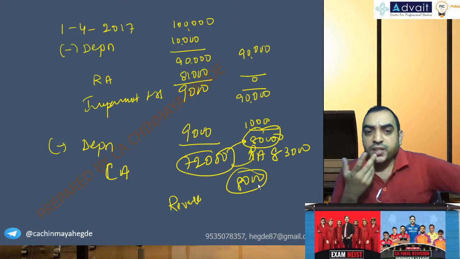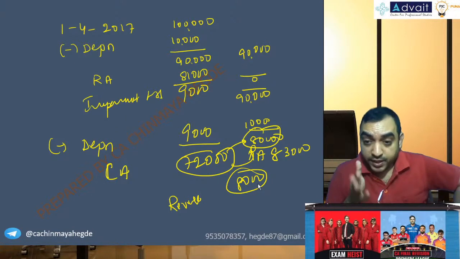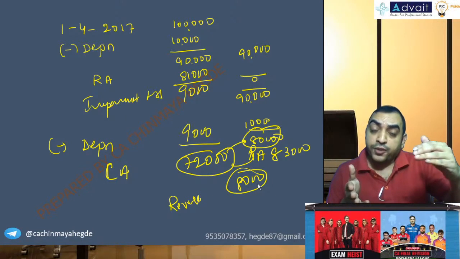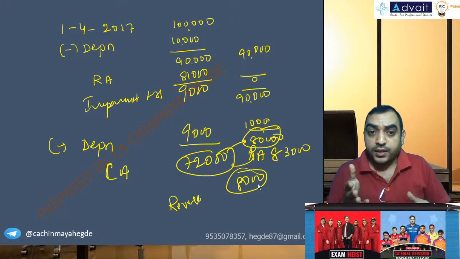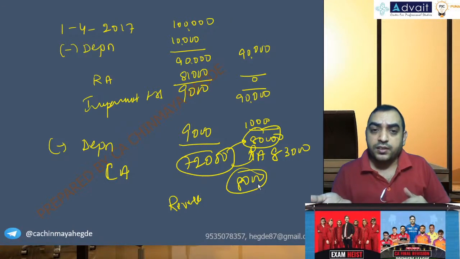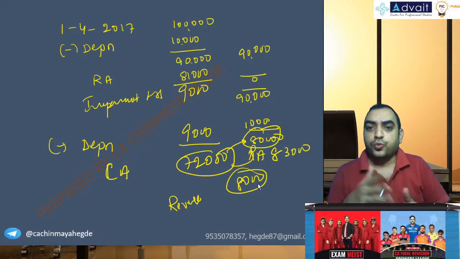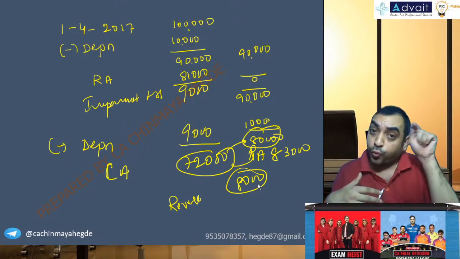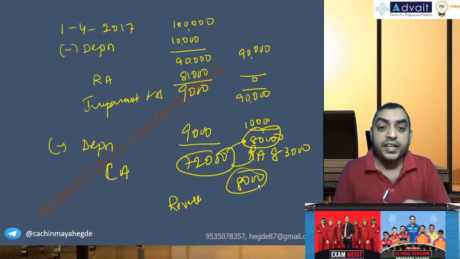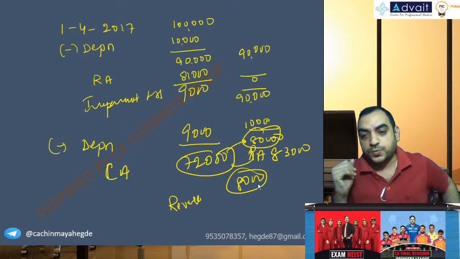Yes, you need to have an indicator. Only when there's a permanent reason do you provide for impairment. Only when there isn't a permanent reason do you reverse it. So whatever reasons are applicable for providing impairment, the same indicators can be used for reversal also.